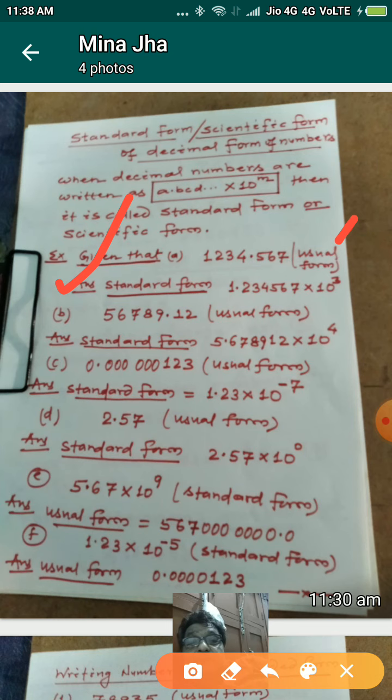You have put the decimal after 1, and the decimal was originally 3 places to the right in comparison to our placing of the decimal. Since we are going right, it is a positive power. So it will be 1.234567 into 10 to the power 3.